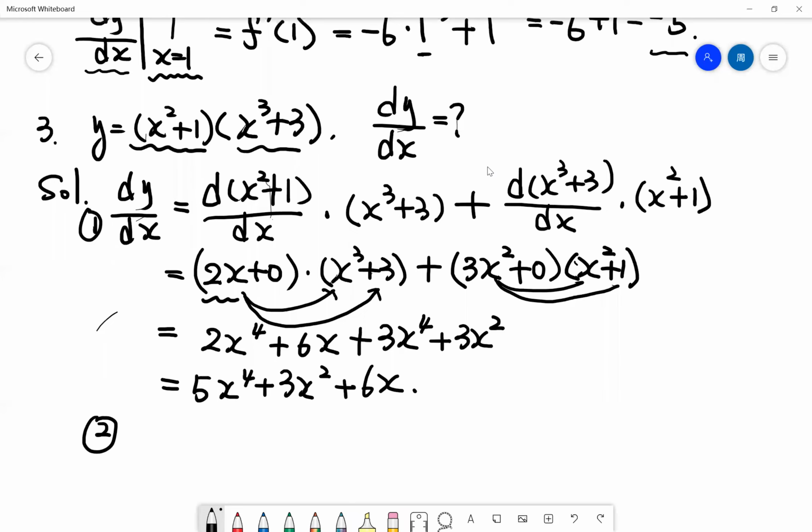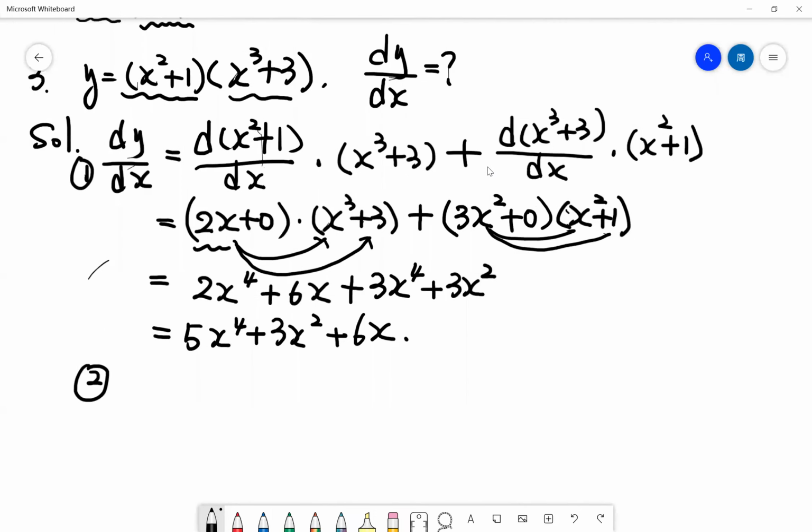And the second way, since this function y equals x power 2 plus 1 times x power 3 plus 3, we can first multiply it part by part. So first, x power 2 plus 1 times x power 3 plus 3 equals x power 2 times x power 3, right?